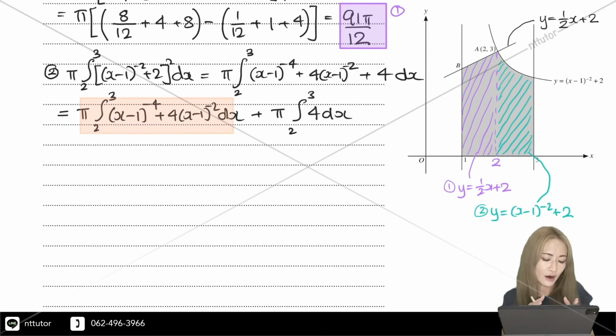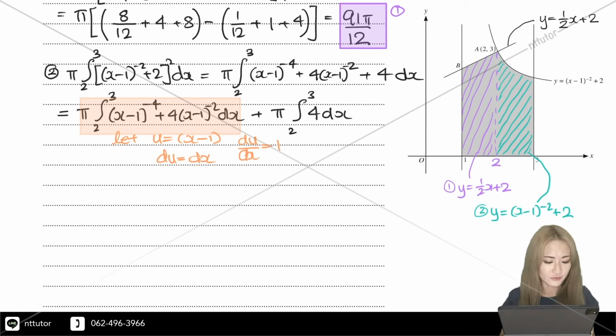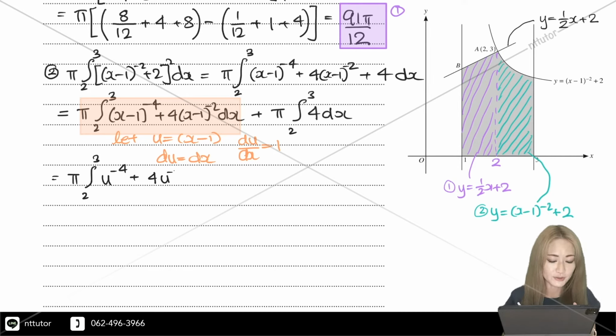For the first part, it's difficult to integrate it, so we can integrate it by substituting. We're going to substitute u equals x minus 1 for the first part. If u equals x minus 1, du over dx is equal to 1, meaning du equals dx. So if we use that substitution, it turns the integral into pi times the integral from 2 to 3 of u to the power of minus 4 plus 4u to the power of minus 2 du, which is in a format that you can integrate.